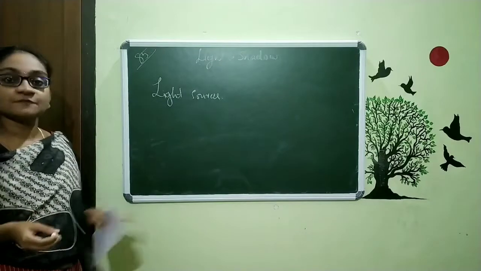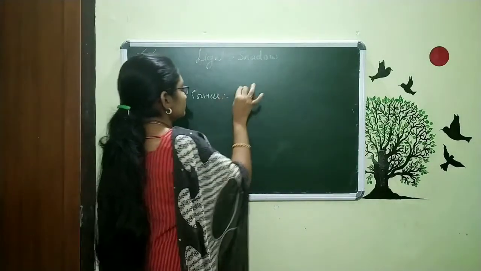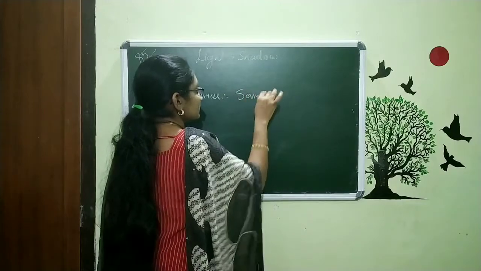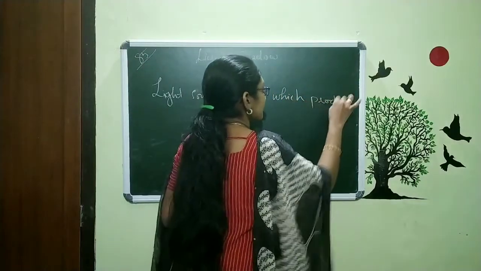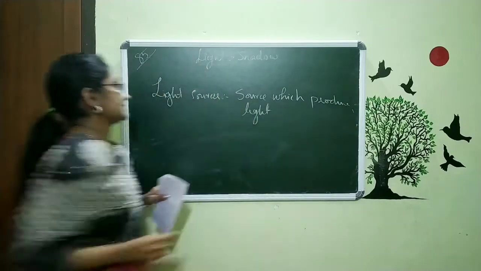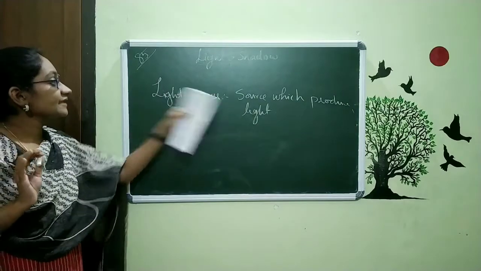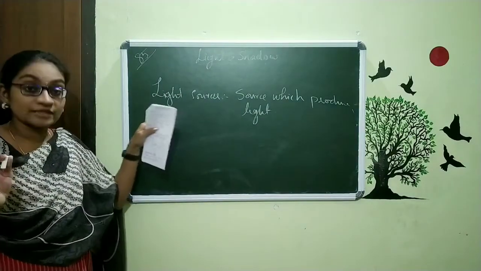Light sources means the source which produces light. So we can say a light source is the source which produces light. Any type of source we can include here.